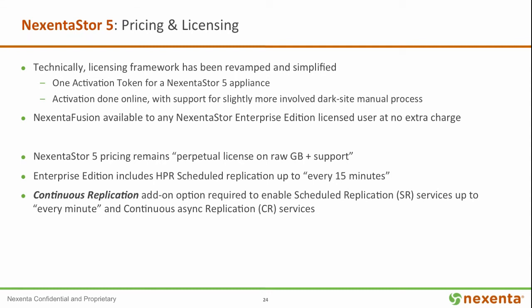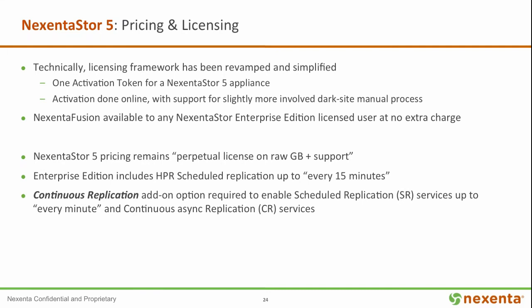Okay. The question that will come up, I'm sure, is when you look at 5.0 and compare this to 4, you have a lot of functionality here, right? You get NexentaStor 5, you get Fusion, you get the vCenter plugin. All of this, what are the impact and changes in pricing and licensing? So what I'll start with is, first, the licensing framework from a technical perspective in 5 is different than 4. It is in many ways simpler. It's something that we revamped.